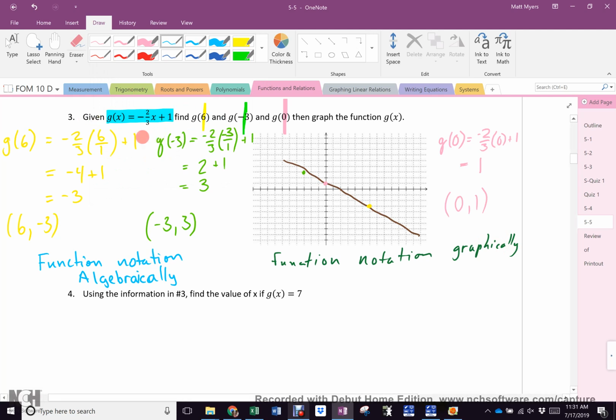Using the same information for number 3, I'm going to rewrite it right here just so it's right in front of our eyes. g of x equals negative 2/3 x plus 1.